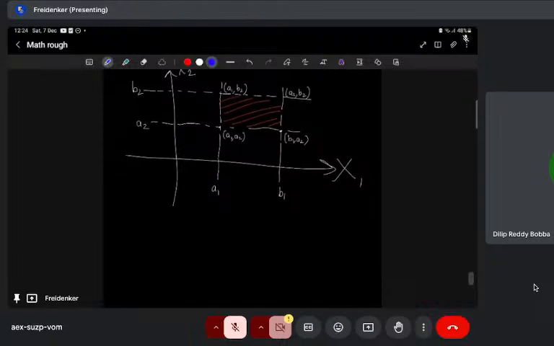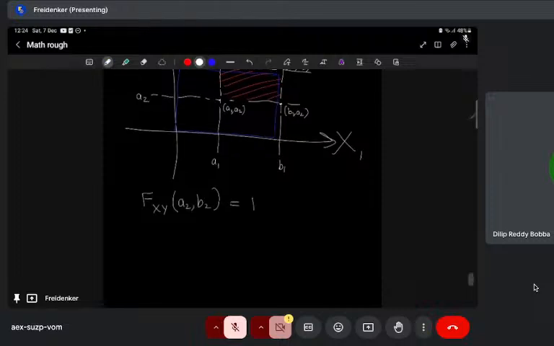So okay, let me write. If I write CDF of (b1, b2), what will I get? It represents the entire square. What does it mean?